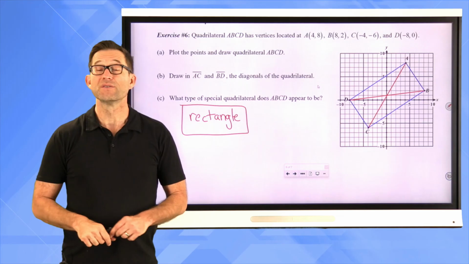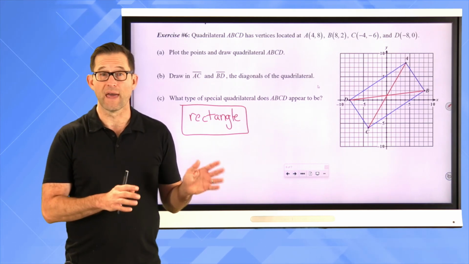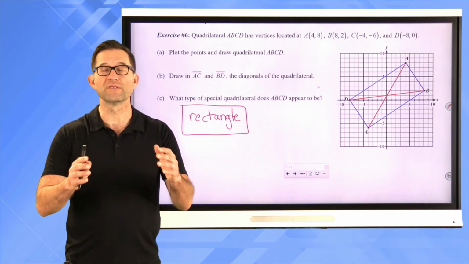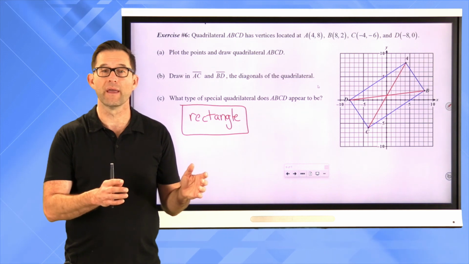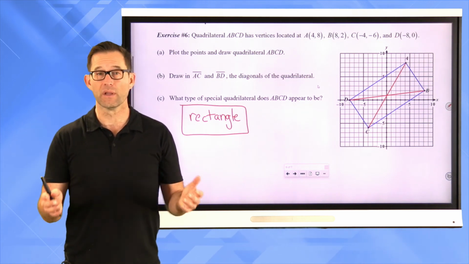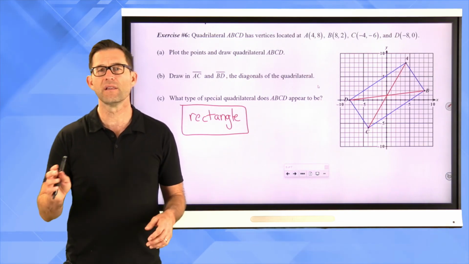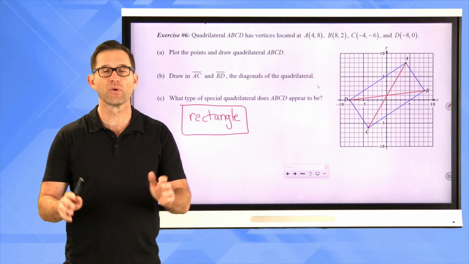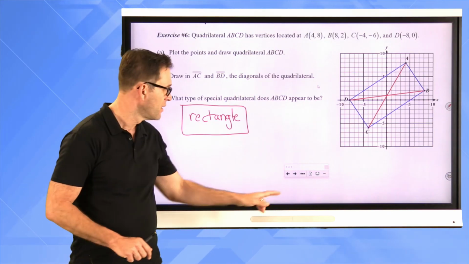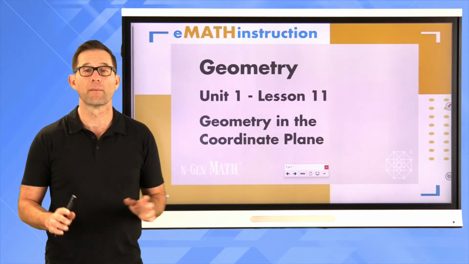All right, so the point in this problem, again, is that we can put almost anything in the coordinate plane that we also can put in the Euclidean plane. Rectangles, triangles, angles, rays, lines, segments, circles, all of it. So let's summarize, right?